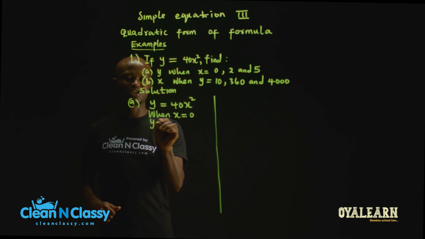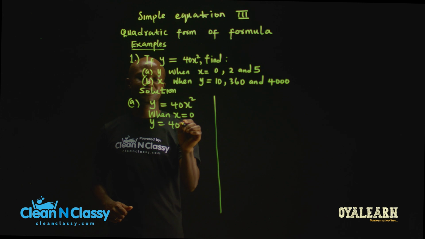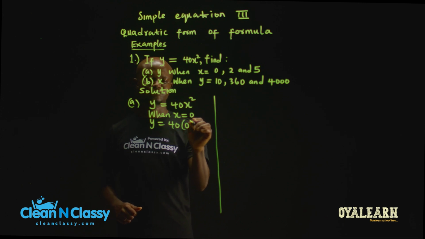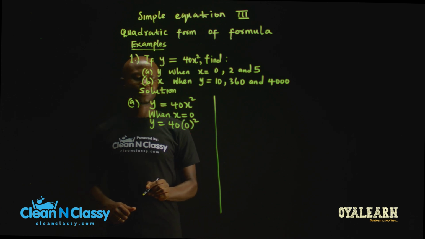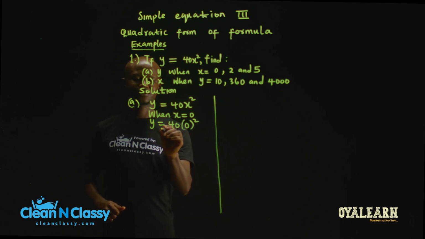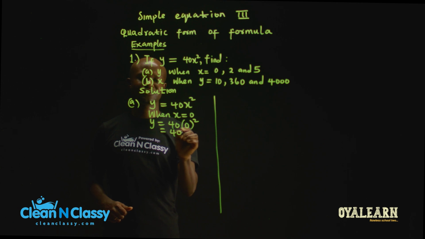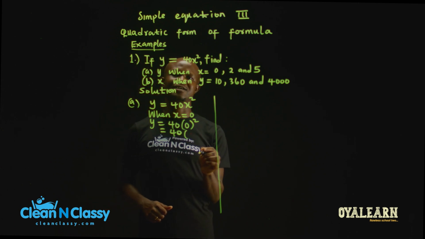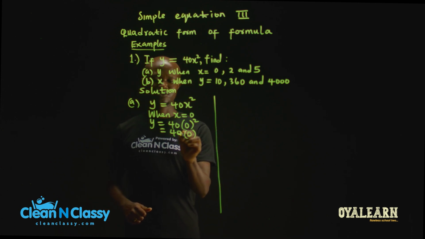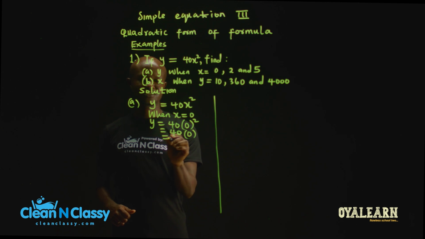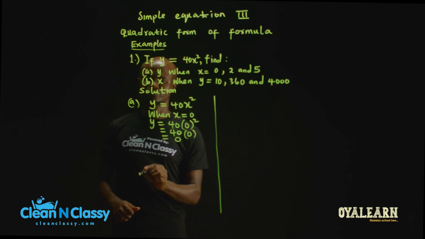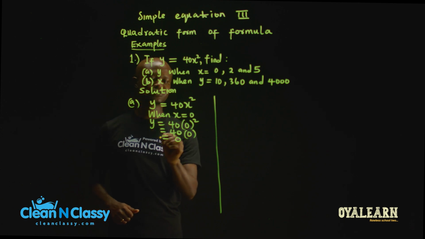So we have y equals 40 times 0 squared. What is 0 squared? 0 squared is 0. So this equals 40 times 0, which is 0. So we go for the next one.